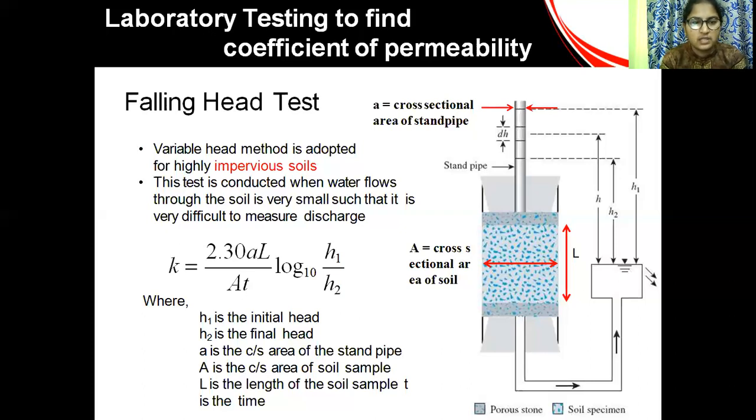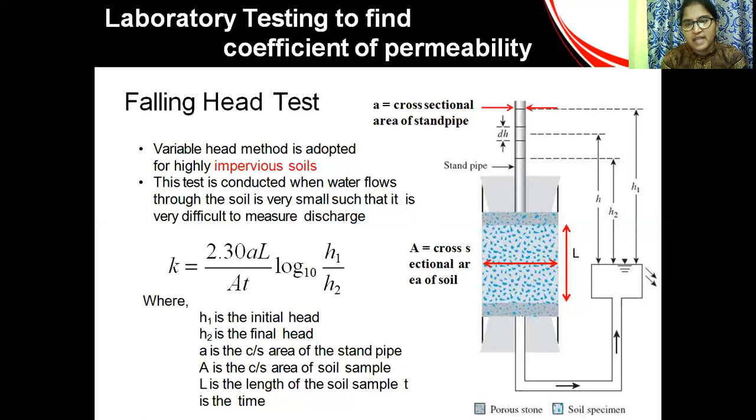Here we also use a permeameter, and a standpipe of known cross-sectional area small a is fitted over the permeameter and water is allowed to run down. The permeameter cross-sectional area we already know, and we pour water and allow it to flow down to the sampler. The water level in the standpipe constantly falls as water flows.